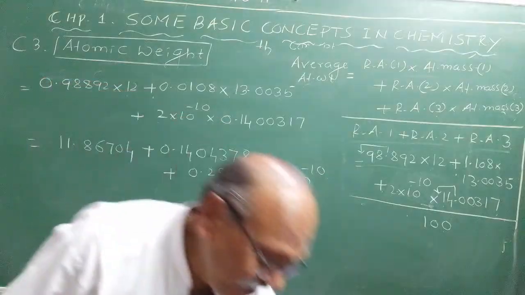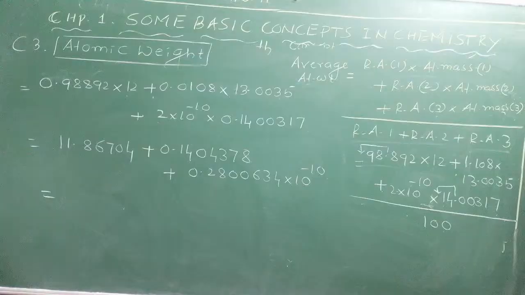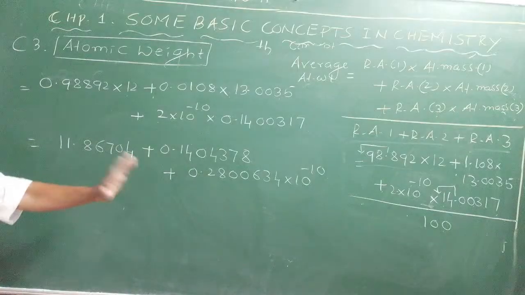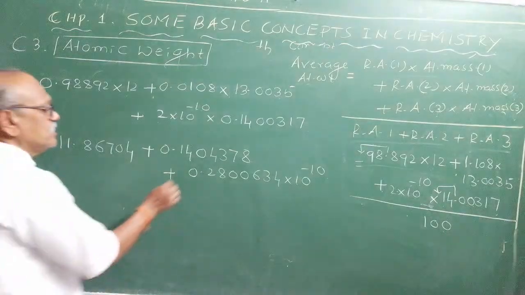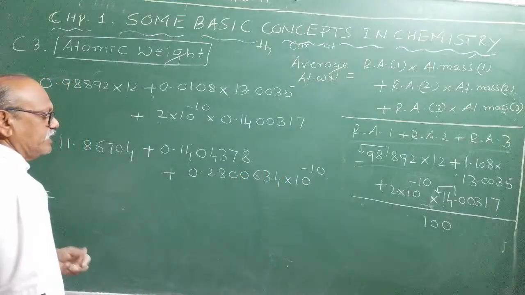Now the question is, you have to add this one. That is a test for your significant figures. How do you manage it? Whenever 10 to the power is there, you have to make all of them to the same power. How can you do this? If you shift the decimal point to the right, what should happen? You have to subtract or add.